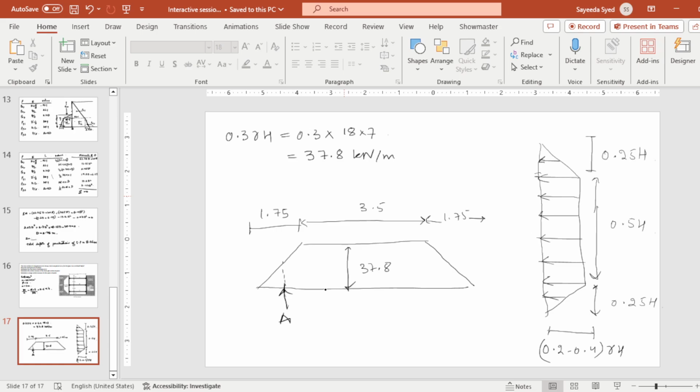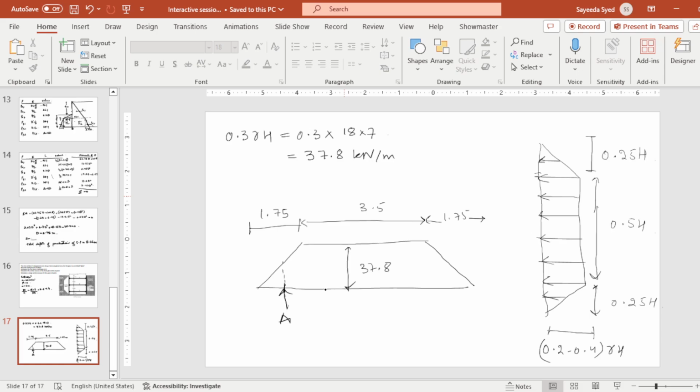And then from here at 1 meter we will have C. It will be a symmetric kind of loading. We will have B here, and this will be 2.5 meter. This will be 2.5 meter. So you see these are the struts.